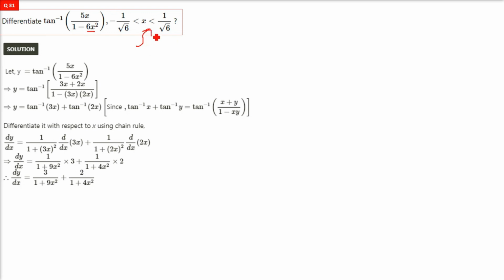If you are not substituting anything, don't worry about the limit being given here. So we have tan inverse of a plus b divided by 1 minus ab. Whenever this is the case, it is simply tan inverse a plus tan inverse b. So this is the equality which we are going to employ in this question.